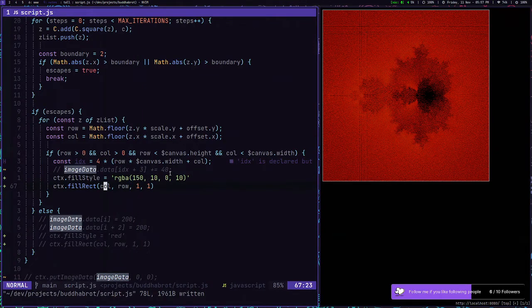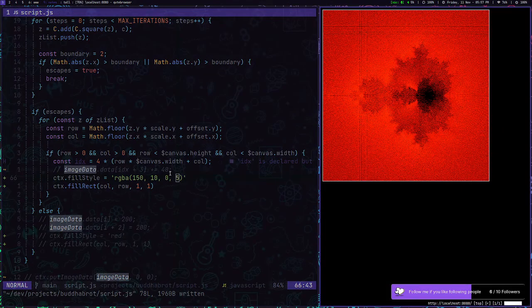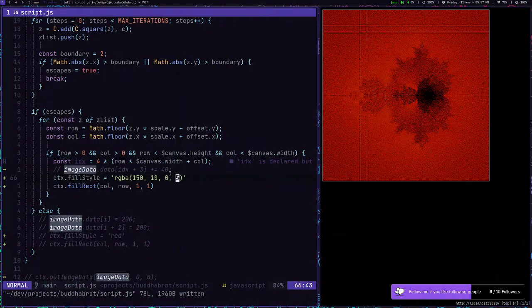I just need to figure out how to layer the opacity on top of each other. What if I do reduce the opacity? No. We don't want it to just fill that pixel. We want it to layer over the previous pixel. I'm not sure how to do that.